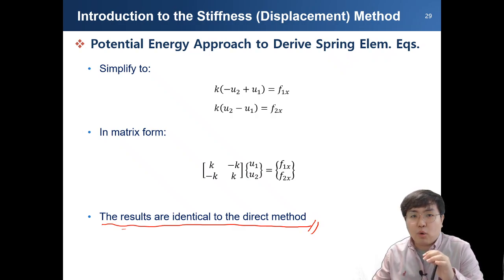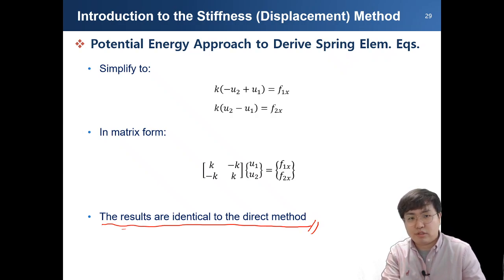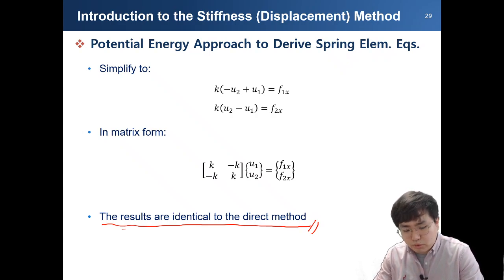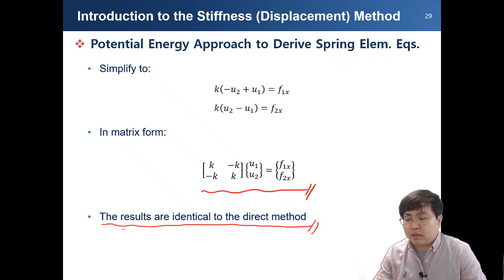All physics can be described by partial differential equations, and they have forms like energy. So if you can change those kinds of physics into an energy formulation, you can easily derive the method. This potential energy approach is a general method to derive the finite element equations.